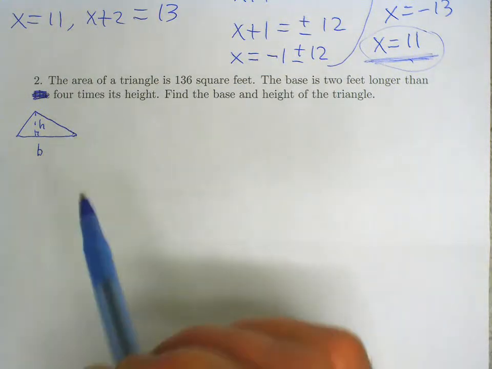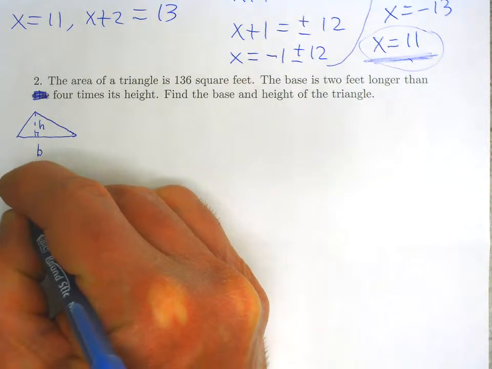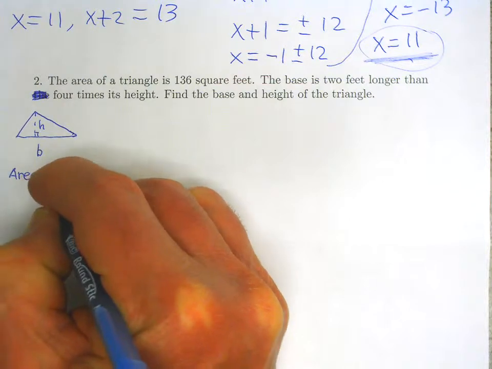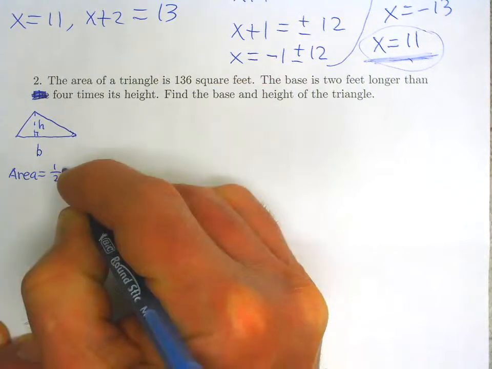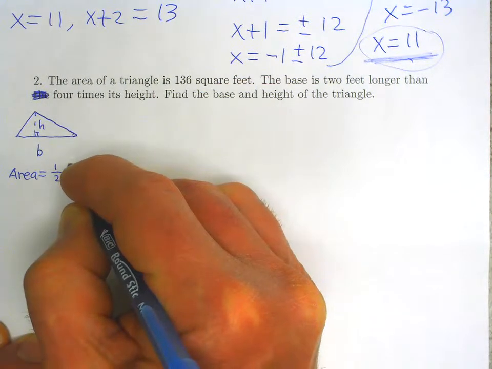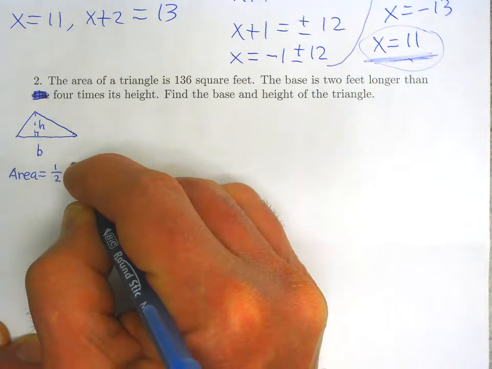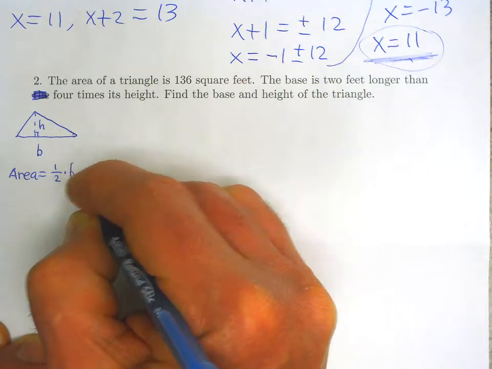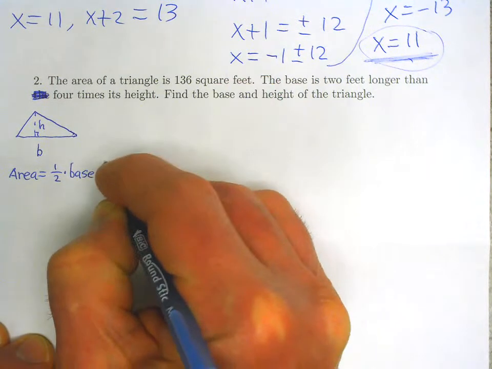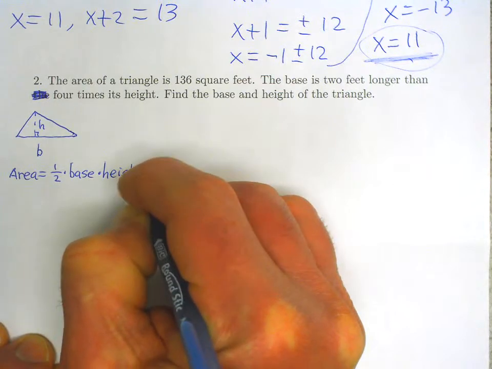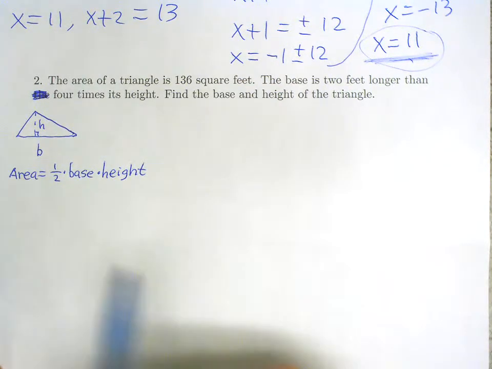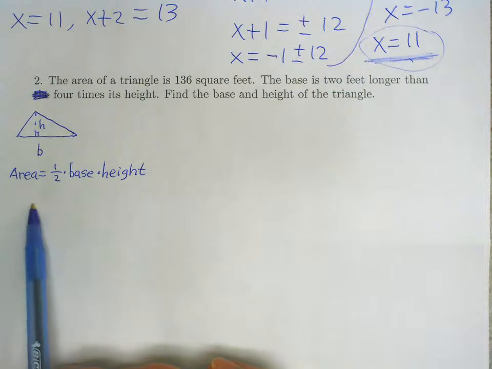And then the area of a triangle is 1/2 multiplied by its base. I'll write out the words: 1/2 base times height. This is true for all triangles.